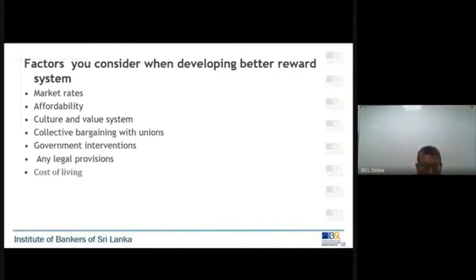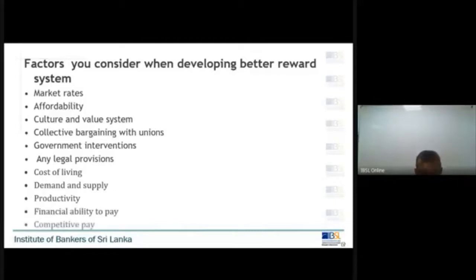Banks benefit from this, because in most banks salary may be linked to your cost of living. Also the productivity of employees, demand and supply, labor availability, ability to pay, and competitive pay: other banks, how much they pay a banking assistant.